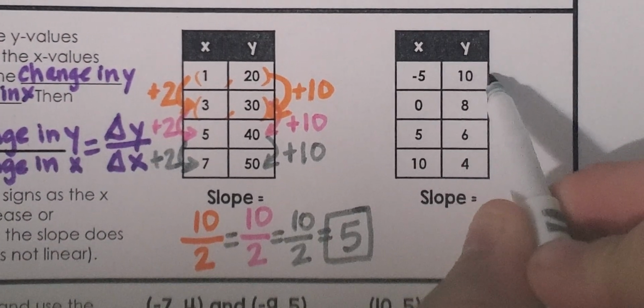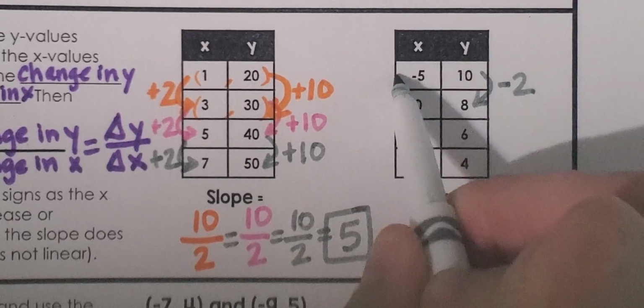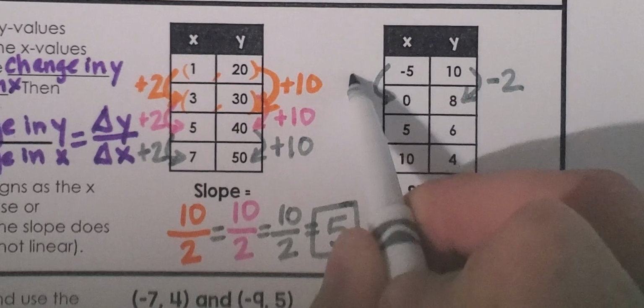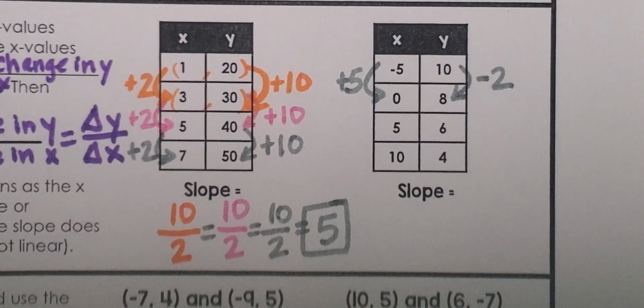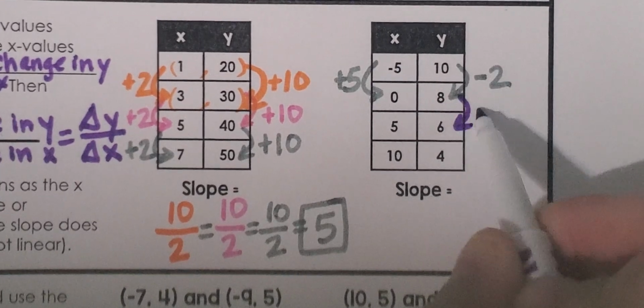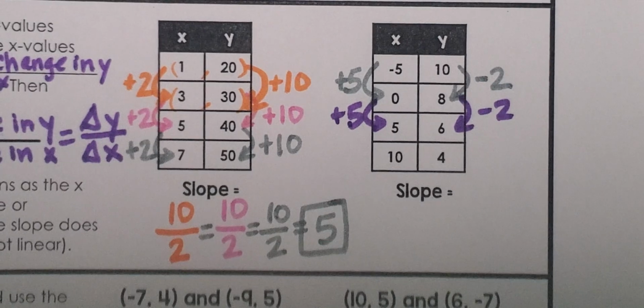Again, I'm going to go from 10 to 8, and this time I'm subtracting 2. From -5 to 0, I'm adding 5. On my next point, I will be subtracting 2 while adding 5 on this side.